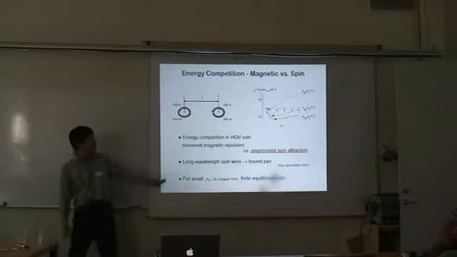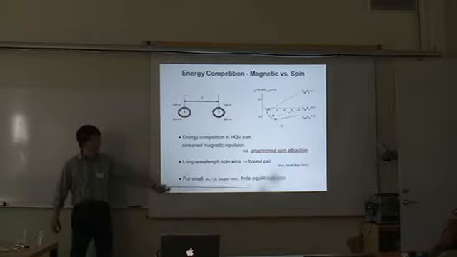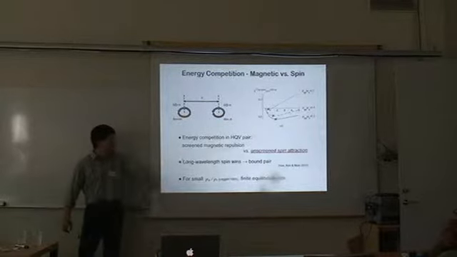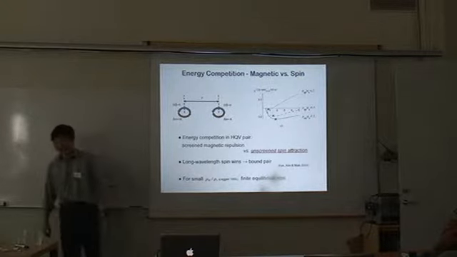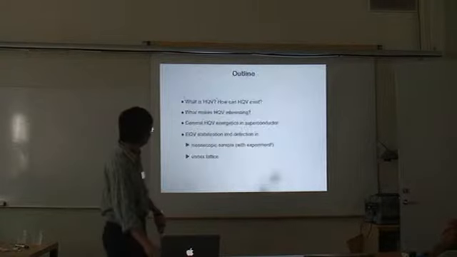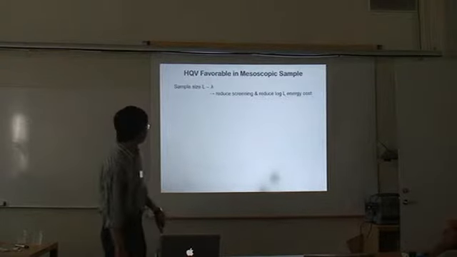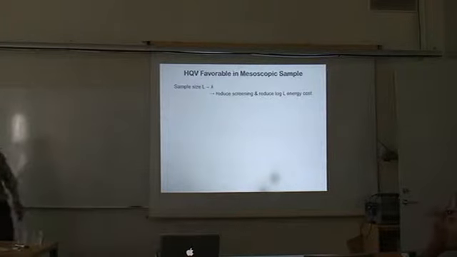But we are already getting some hint how to approach this problem, because these vortices can become comparable, they should be taken as comparable to the screening length. So maybe the way to go is to go to a mesoscopic sample with dimension close to lambda. This is the idea that Hendrik actually gave us.